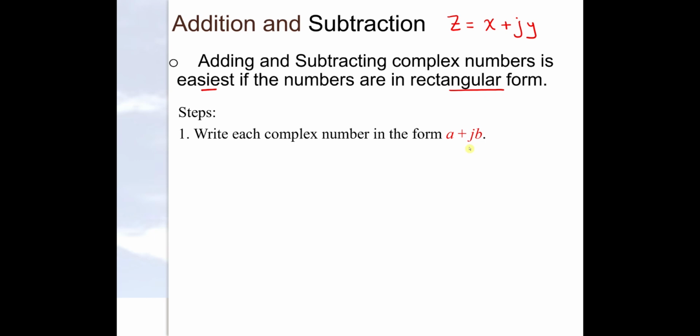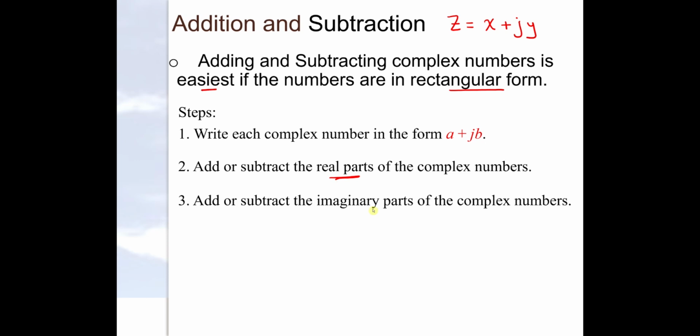In the previous video, we learned how to go from polar and exponential forms back to the rectangular form. Once I have done so, to perform the addition or subtraction, you add or subtract the real parts together, and then add or subtract the imaginary parts together, and that's it.